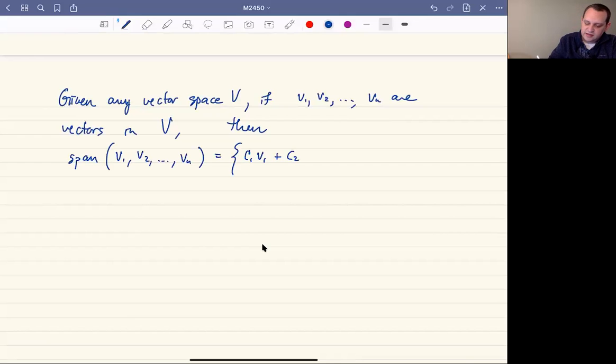So it's the set c1v1 plus c2v2, all the way down to cnvn, where the constants c1, c2, and cn are real numbers. This set of linear combinations we're going to call the span. This is a very important topic that we'll do a few more examples of along the way.